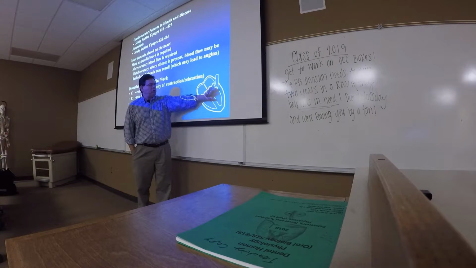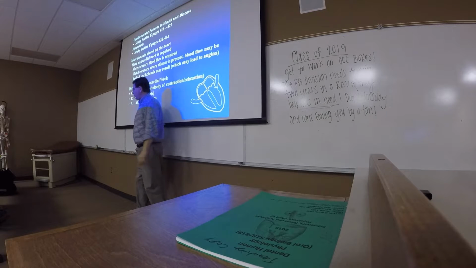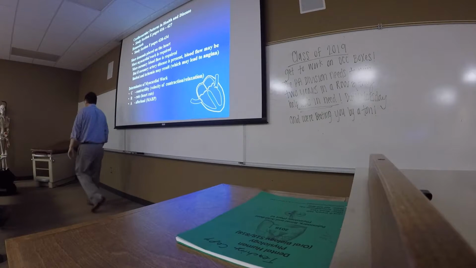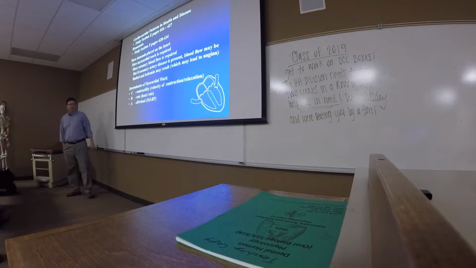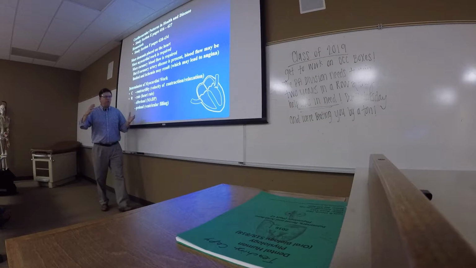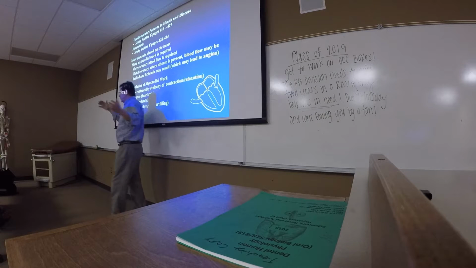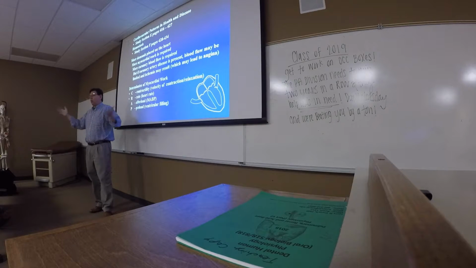More pressure generation, more work. So afterload, mean arterial blood pressure, is a major determinant of how hard the heart has to work. So preload, remember, is filling the heart. If you fill the heart with more blood, it's going to eject more blood. So ejecting more blood takes more work, more ATP.